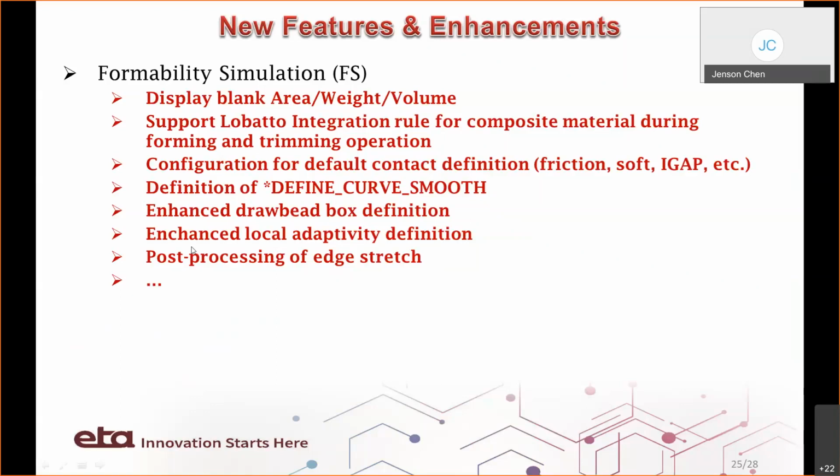The local adaptivity function is also enhanced. In this case, users don't have to modify the depth of the box. In the past, you didn't know where the box was located. Sometimes your localized adaptivity failed to work because of improper box depth or box locations.